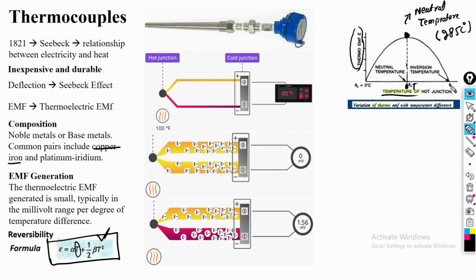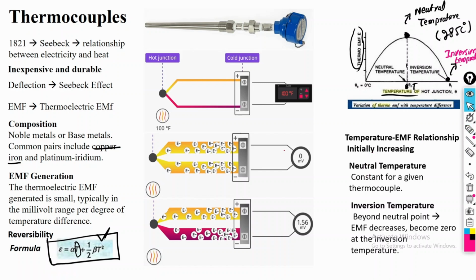There must be some temperature at which the thermoelectric EMF becomes zero, and that temperature is called the inversion temperature. The temperature at which the value of EMF is zero is called the inversion temperature.